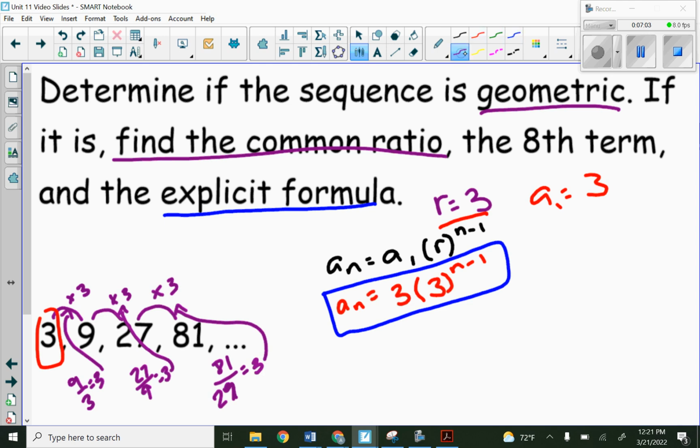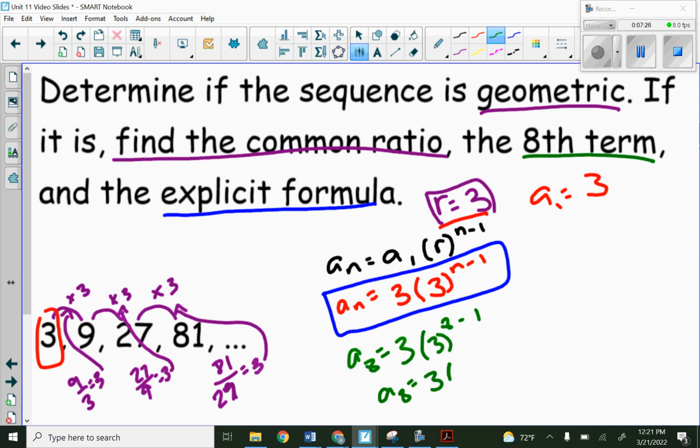So we found our common ratio, we found our explicit formula, and now we need to find that 8th term by plugging in 8 for n, because that's the term we're trying to find. So 3 times 3 to the 8 minus 1 power, which means 3 times 3 to the 7th power.